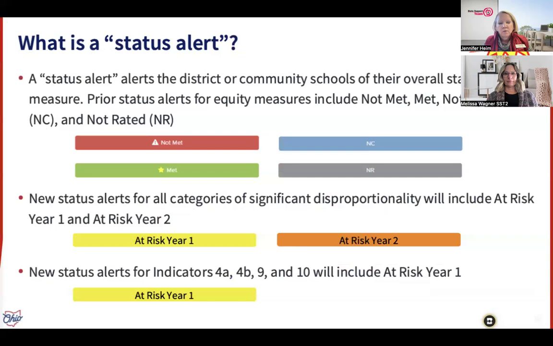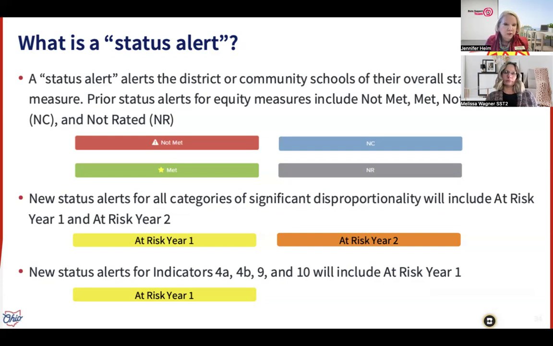A piece that's new this year is that the Department of Education, OEC, has added status alert information into the overall status of each measure. Prior status alerts for equity measures included not met, not calculated, which you'll see as NC, and NR means not rated.